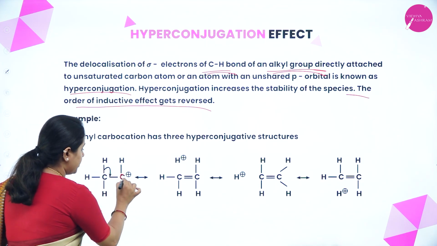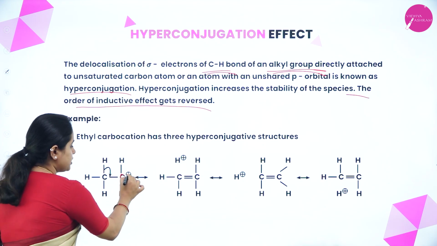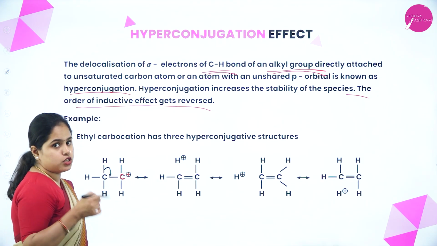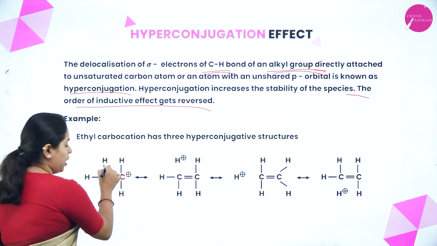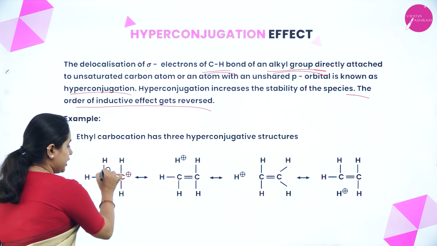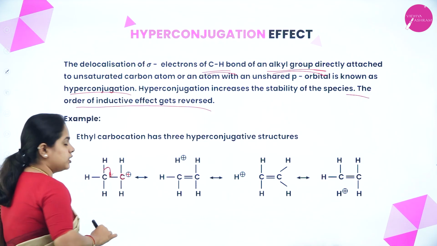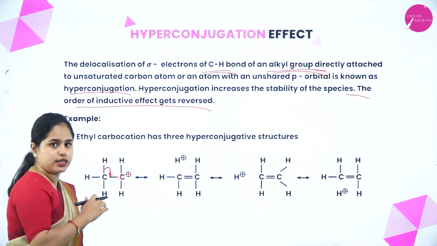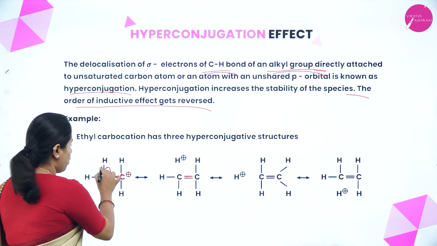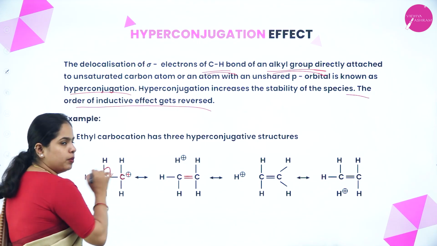This carbon is a carbocation, so it is having a positive charge. So this sigma bond undergoes delocalization. This CH bond will be transferred to this particular bond. There is a delocalization taking place and it becomes a double bond. So this bond is breaking and a double bond is formed here.